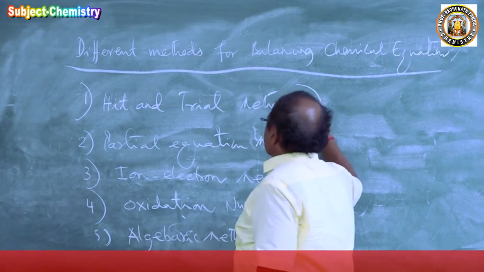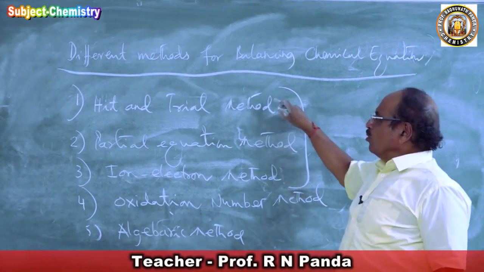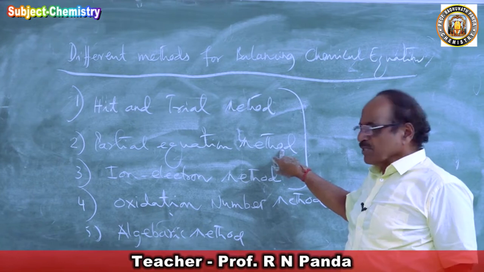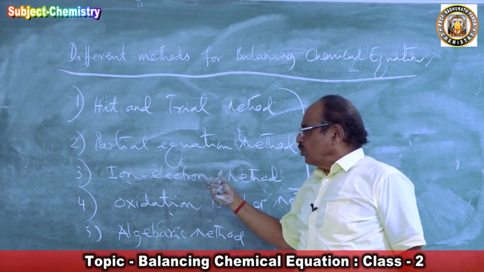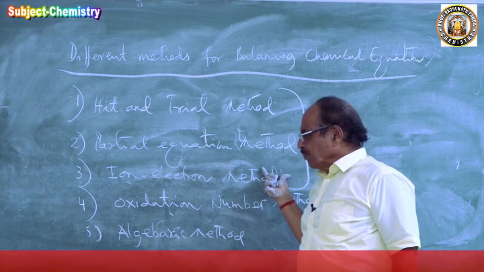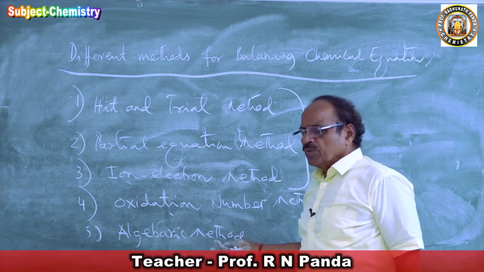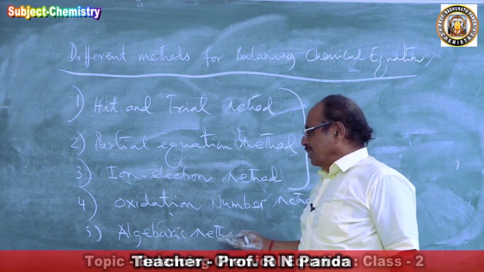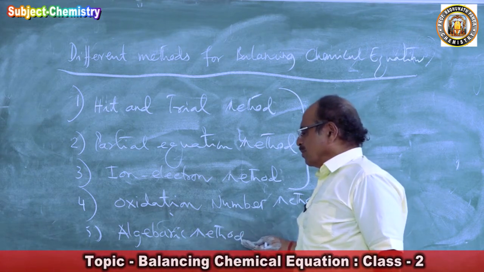Mostly we go by the hit and trial method and partial equation method, which are used for almost all reactions. For specific redox reactions we go by the ion electron method. The oxidation number method and algebraic method are no more in use.